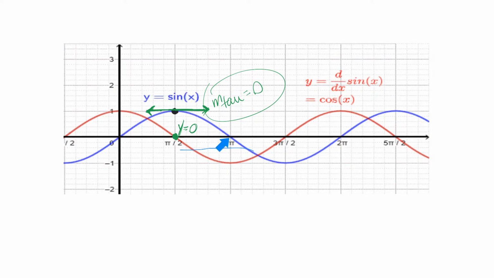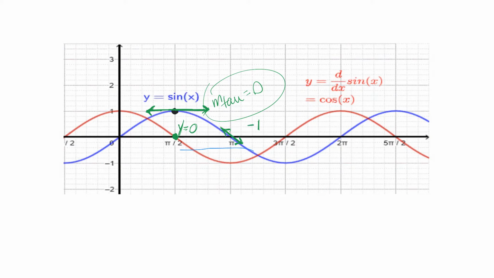Right here, what is the slope of the tangent line? Well, it's diagonal. This would probably have a slope of 1, right? Isn't it up 1 over 1? And it's a negative slope.